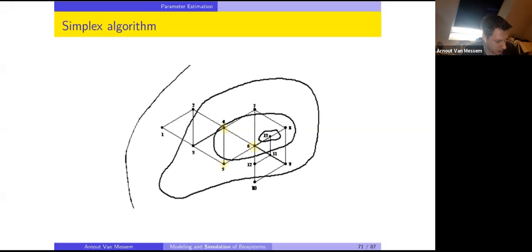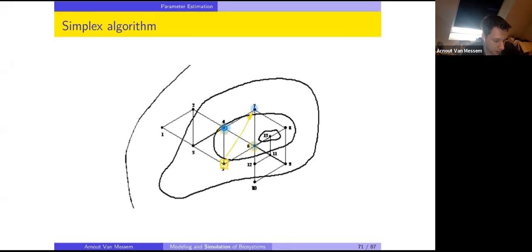What you see here is that the fifth one is the one which is most away from the center, which will have the highest value. So what happens is you take a reflection there to 7. So in the next step you will have points 4, 6 and 7, which are left over.